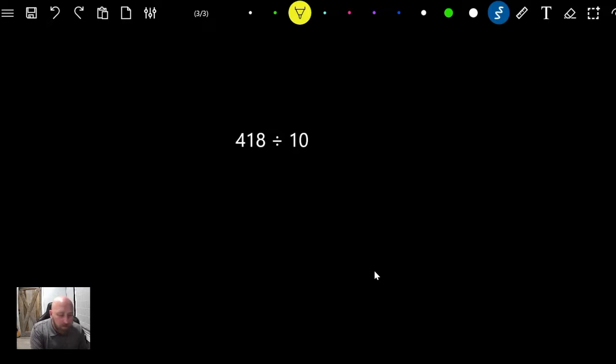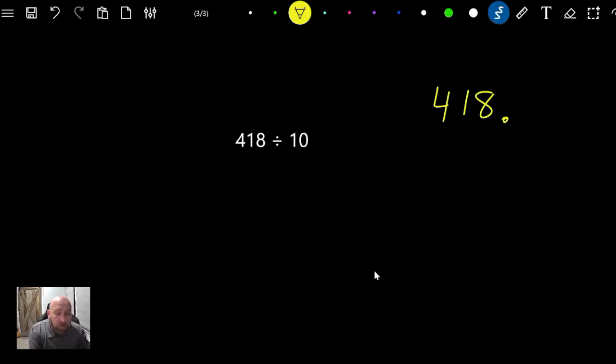So here's our problem. 418 divided by 10. So let's write our 418. Now, here's the question. Where is my decimal point? I don't see a decimal point. Well, decimal points obviously are always to the right of the number, okay?